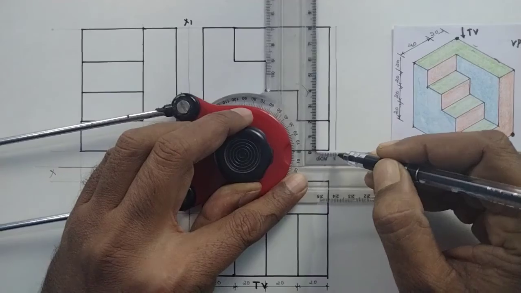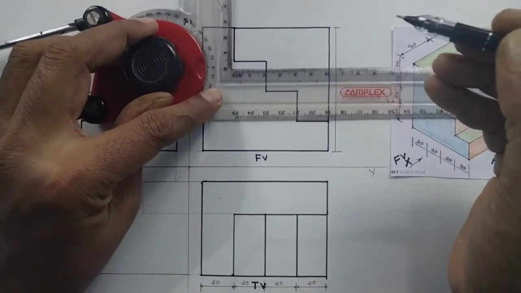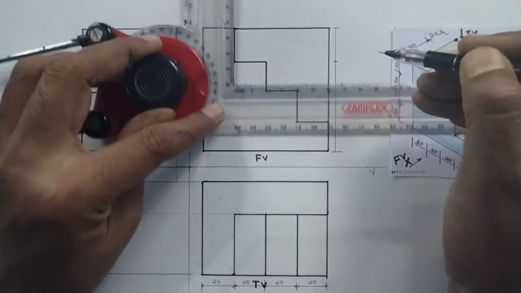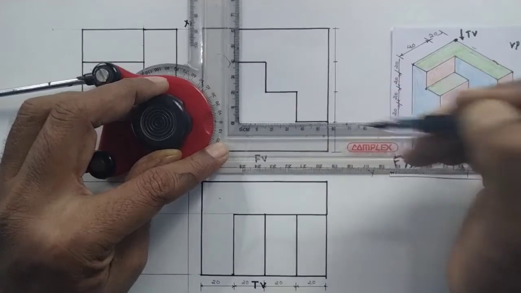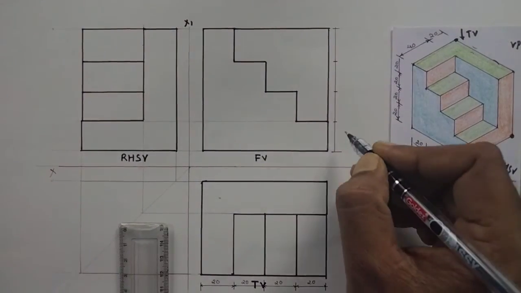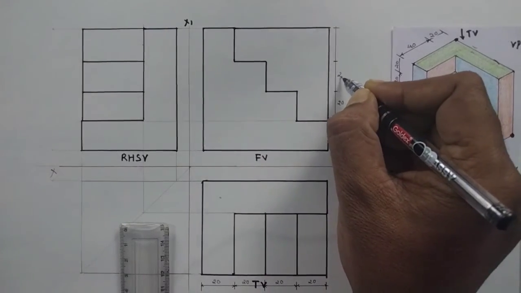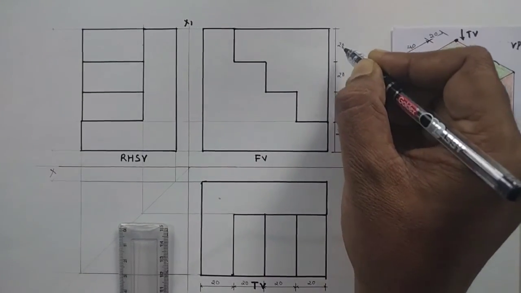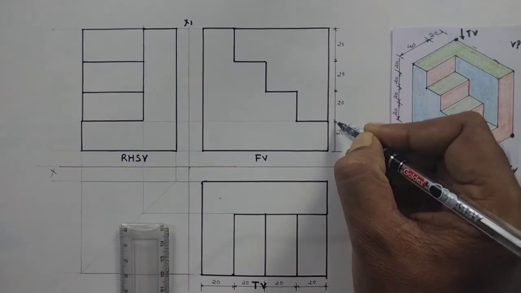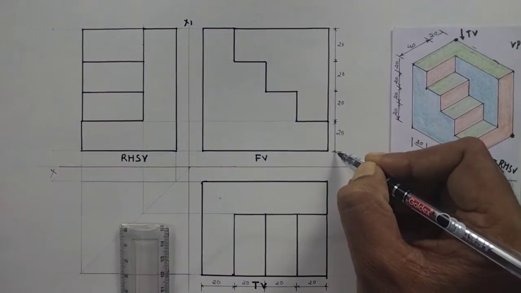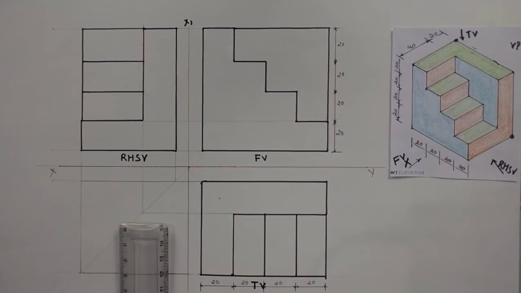Here you can represent your heights. The height is always shown in the elevation or in the side view. Similarly, we break this height into four intervals as per the figure, and I write 20, 20, 20 and 20. Here it is not required in your side view orientation.